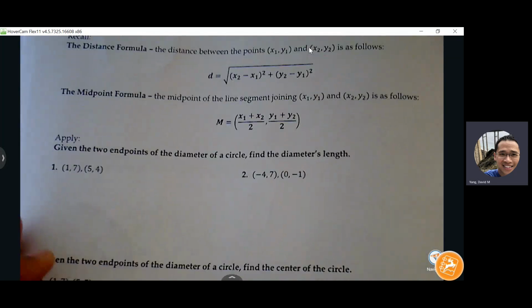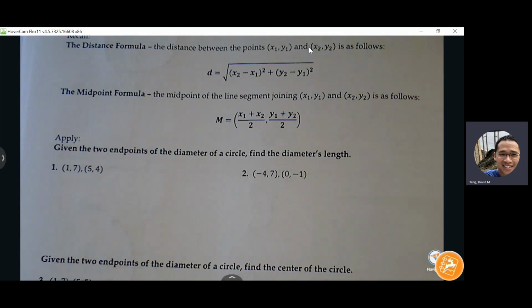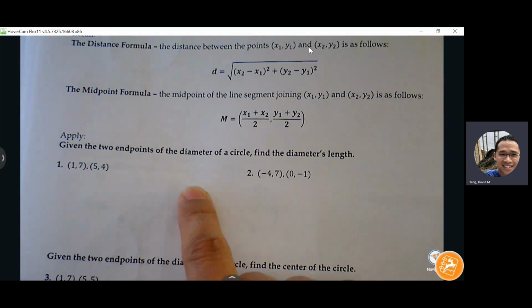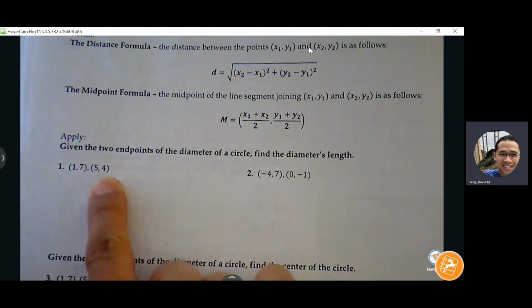Given 2 endpoints of the diameter of a circle, find the diameter's length. So I want to find the length, or distance, between these 2 points.